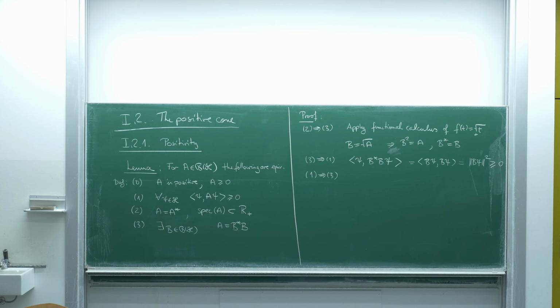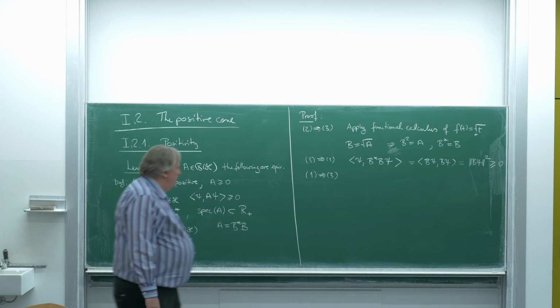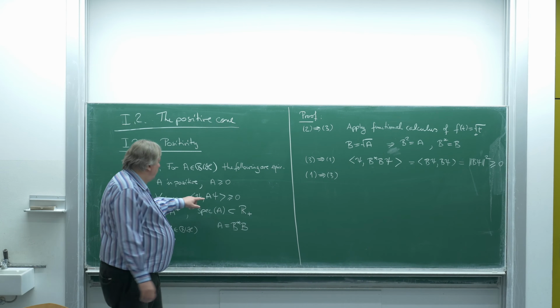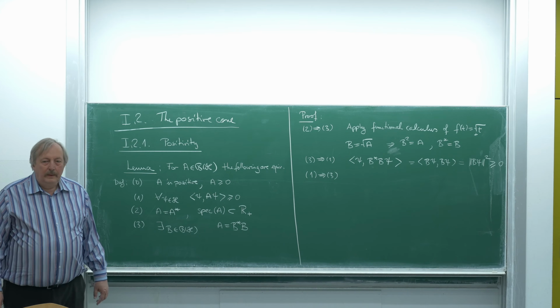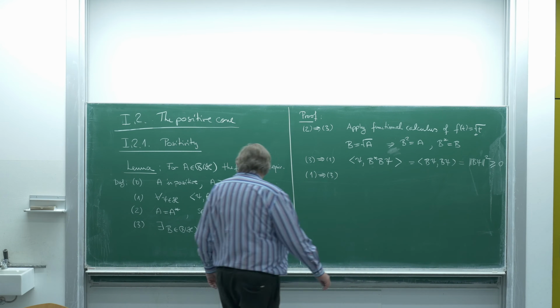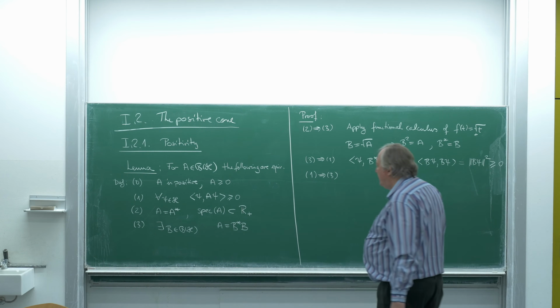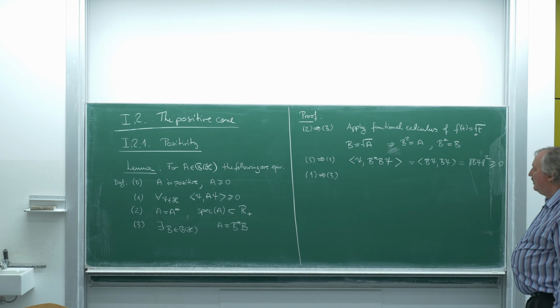Okay, so we have to go from 1 to 3. Right? So there are two parts here. I have to show that this implies that A is actually Hermitian. How do we do that?